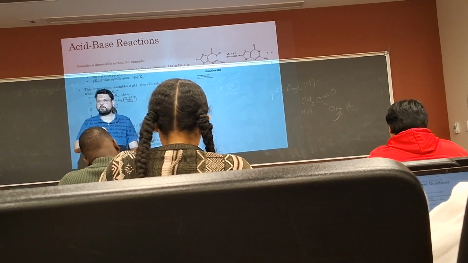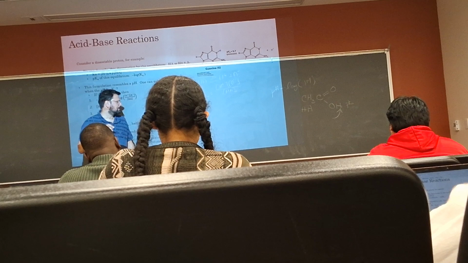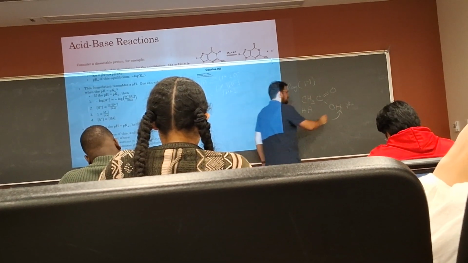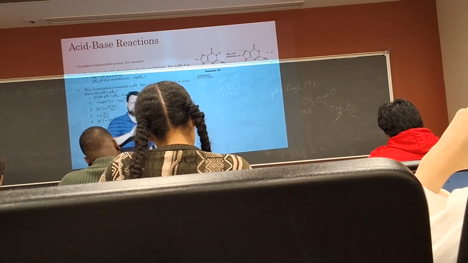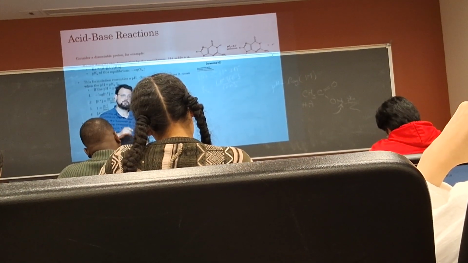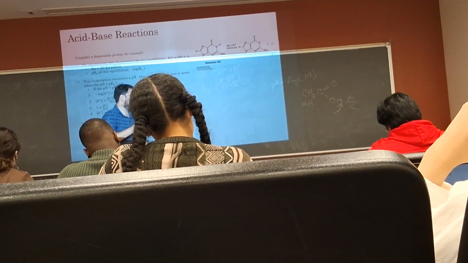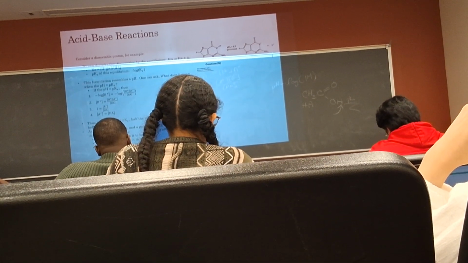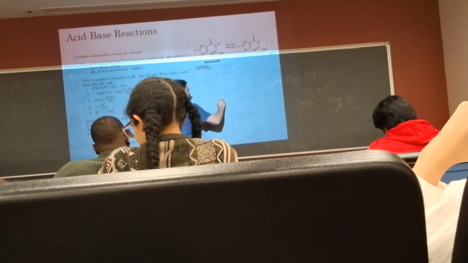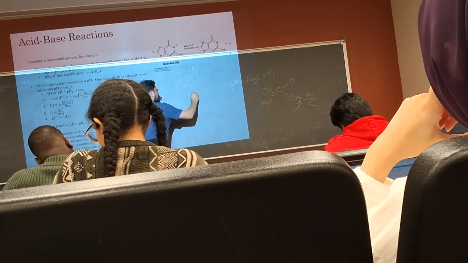We're going to derive a very useful formula that's going to illustrate something important relating back to this thing that I told you about, pKa, and what that actually means. And that's going to be important as we start to talk about different reaction mechanisms that are going to involve dissociable protons.